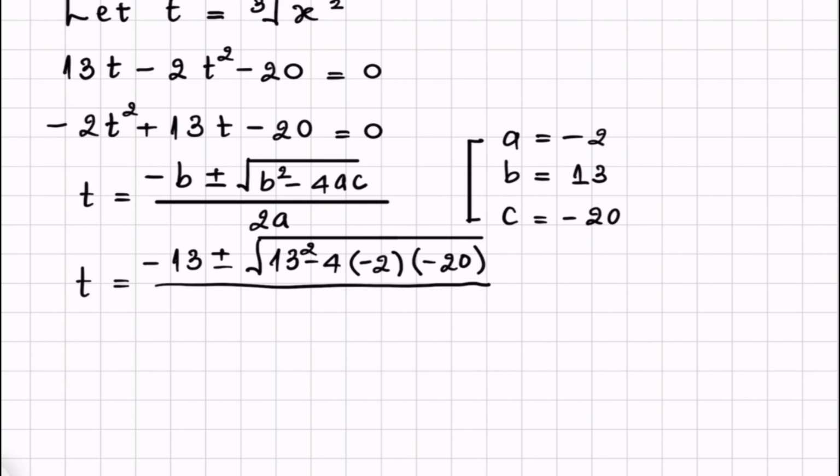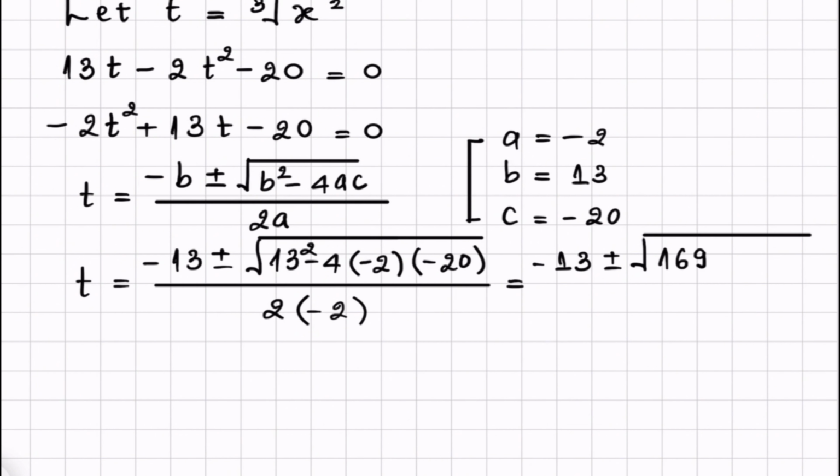13 squared, minus 4 times minus 2, and then times minus 20, then divide by 2 times minus 2. Then we will get minus 13 plus or minus the square root of 13 squared, which is equal to 169, minus 160, divided by minus 4.